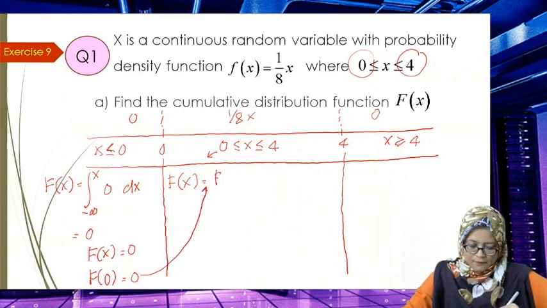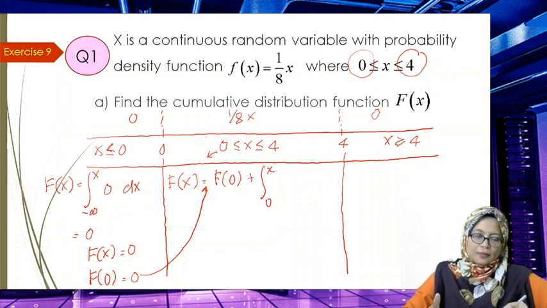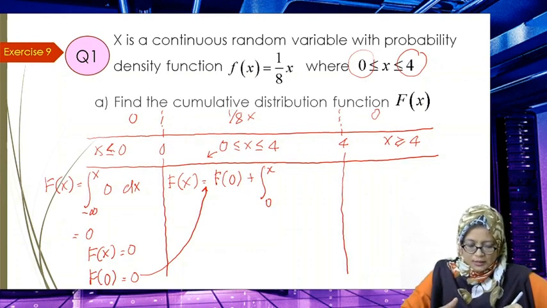So ini F(0). Tambah dengan integrate daripada 0 until x. So tak boleh sampai 4 sebab dia belum mencecah 4 lagi. Dia akan sampai kepada satu nilai x yang kita tak tahu nilai berapa. Okay, so untuk interval ni kita nak integrate. So sini kita ambil function 1 over 8x dx.